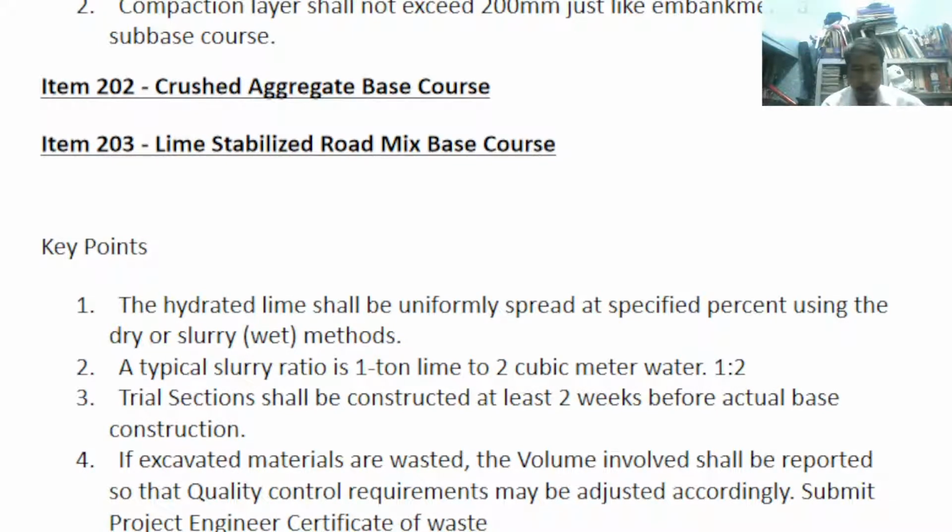Number 2, a typical slurry ratio is 1 ton lime to 2 cubic meters water. So 1 ton, for example, cement, and 2 cubic meters water. So 1:2. And number 3, trial sections shall be constructed at least 2 weeks before actual base construction.